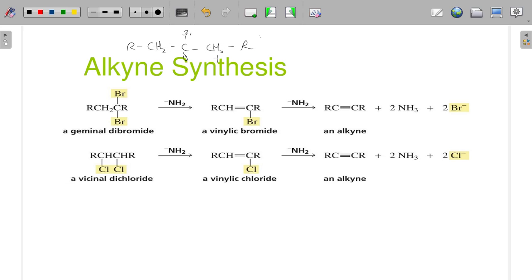Both these are beta positions, and one of those is going to get chosen for our double bond. The second bond always goes to that same location. So you end up with an alkyne always. And if you use a vicinal dihalide, where the halogens are on adjacent carbons, you also end up with a triple bond. But it gives us a way of making an alkyne using an elimination type of reaction. It just doesn't necessarily need to end with an alkene.